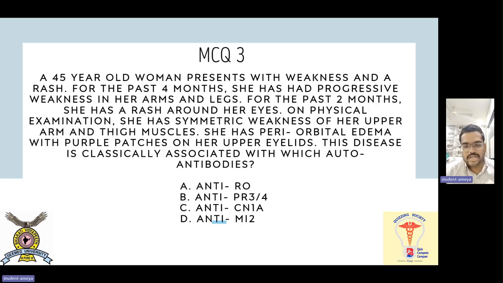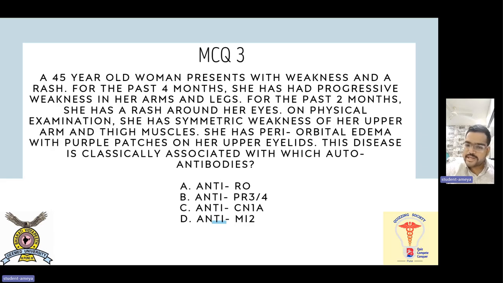Moving on to the last MCQ of the pathology snippet series. This disease is classically associated with which autoantibodies? And believe me, in this question, there is only and only one keyword, periorbital edema with purple patches on the upper eyelid.